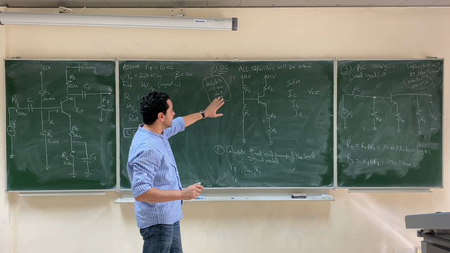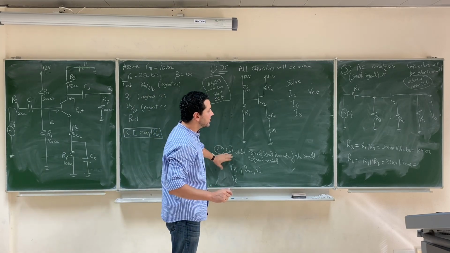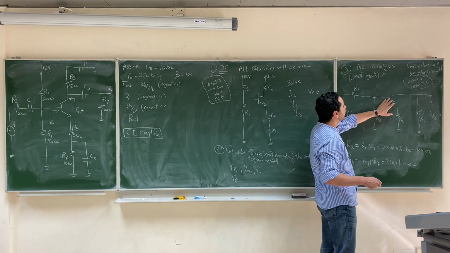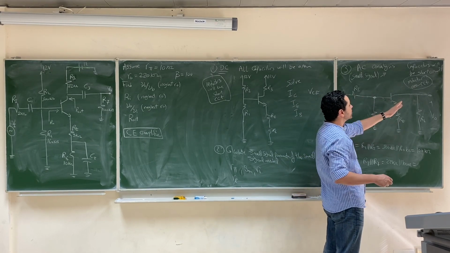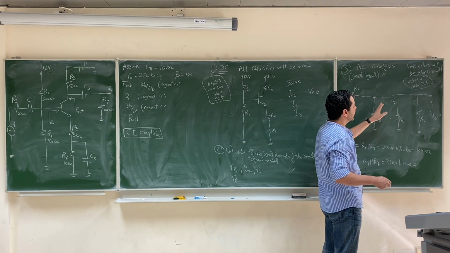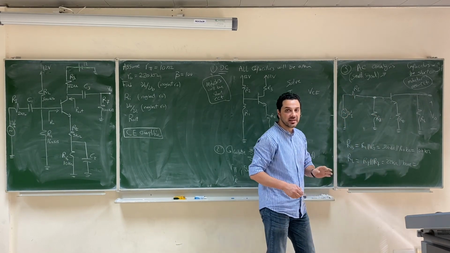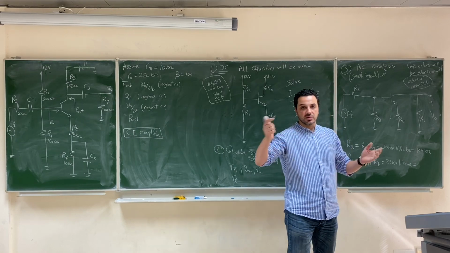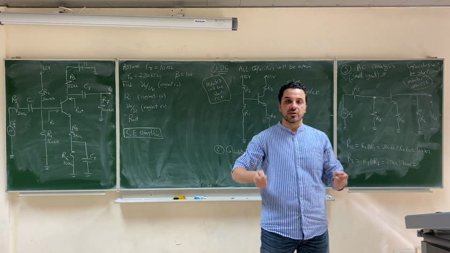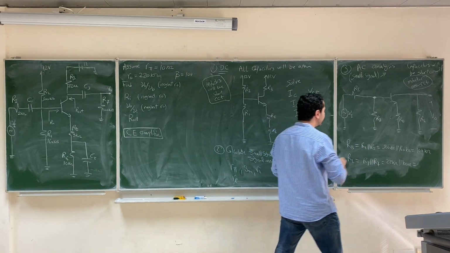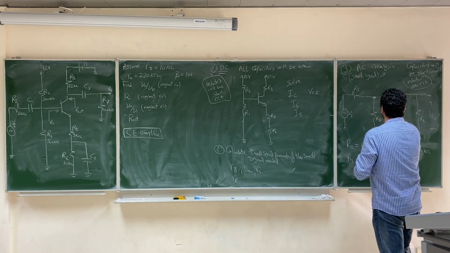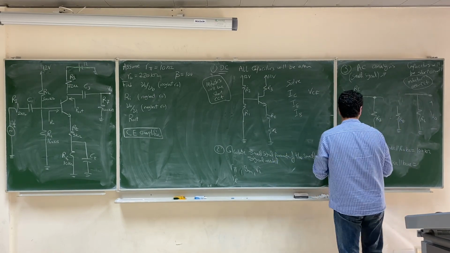You have to solve DC first, calculate the AC parameters, and then do your AC analysis where you replace the capacitors with short circuits, and all the DC sources will be deactivated. If it is a voltage source, you make it a short circuit to the ground. If it is a current source, you make it an open circuit. And then the last step is you replace your transistor with the model.